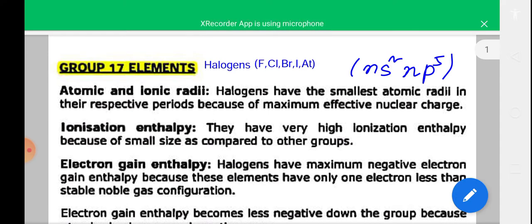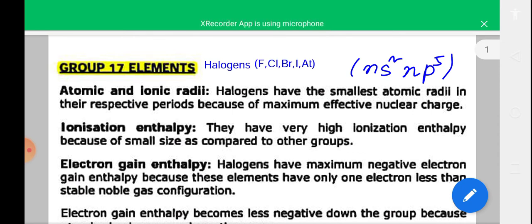Okay, so their electronic configuration is ns2 np5, and their common oxidation state I have already told. Group 17 elements, their general properties are given.